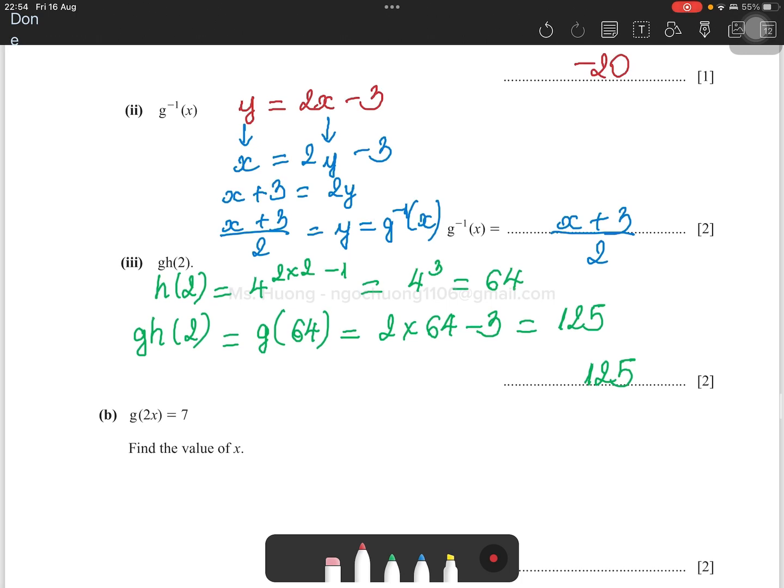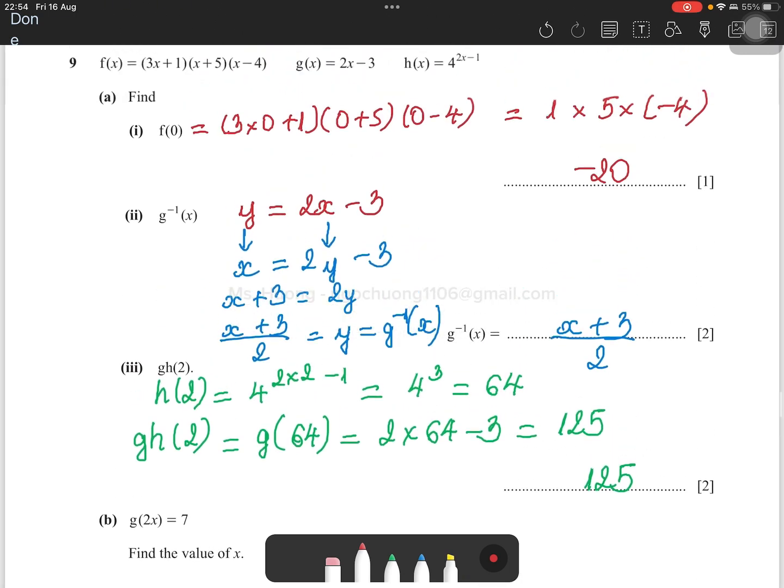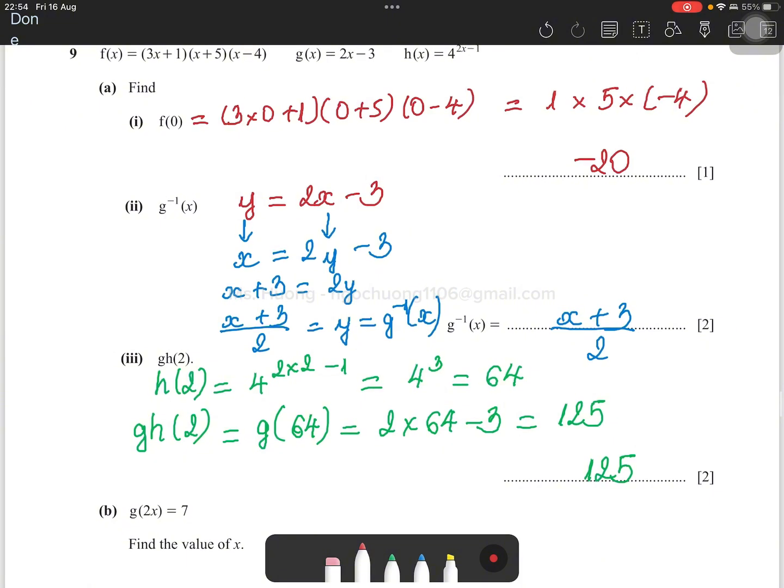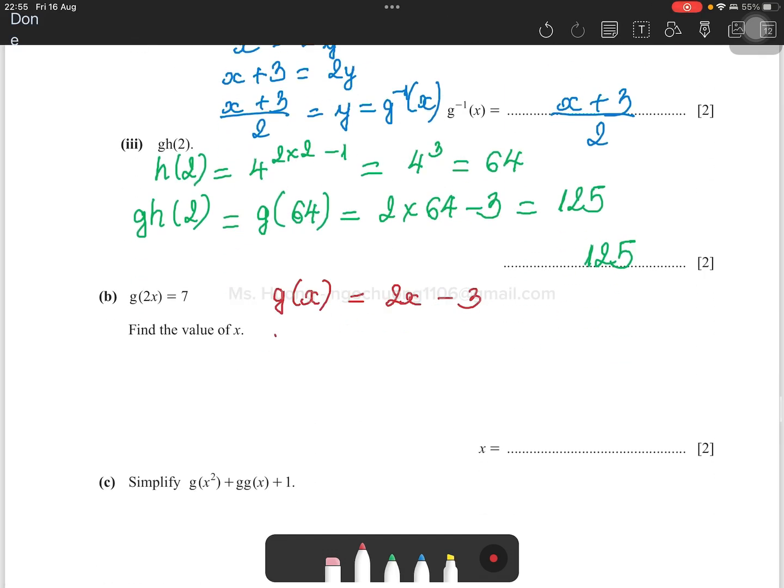B. g of 2x equals 7. Find the value of x. You know that g of x is 2x minus 3. So g of 2x will be 2 times 2x minus 3.